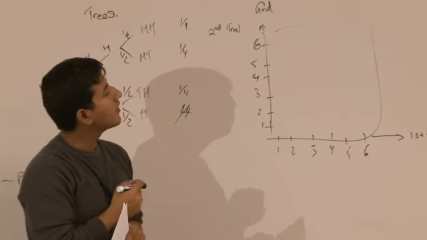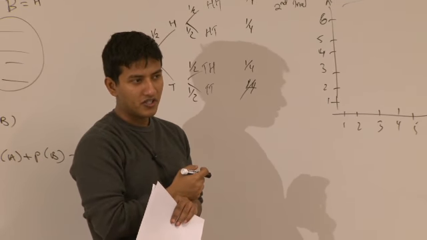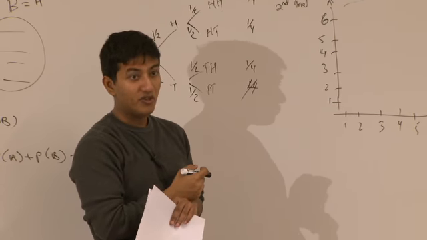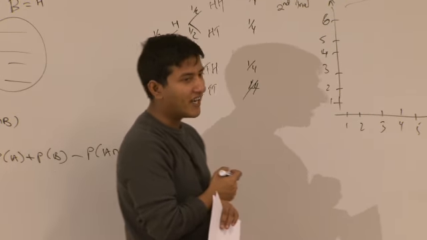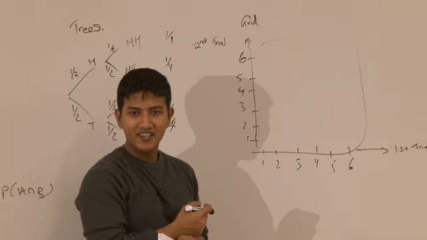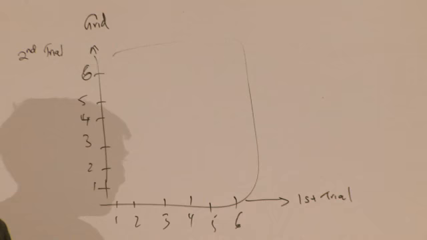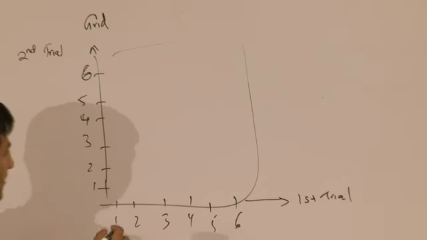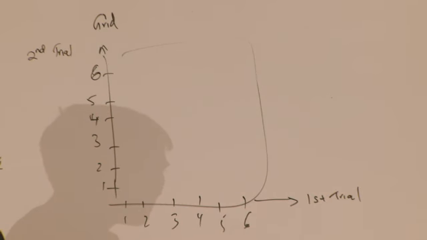For example, can you give me an example where you throw the same number in both the trials? Then what would be the layout of it in this grid? Throwing the same number in both the trials. Because this is the first trial, this is the second trial. Then it would be the diagonal.